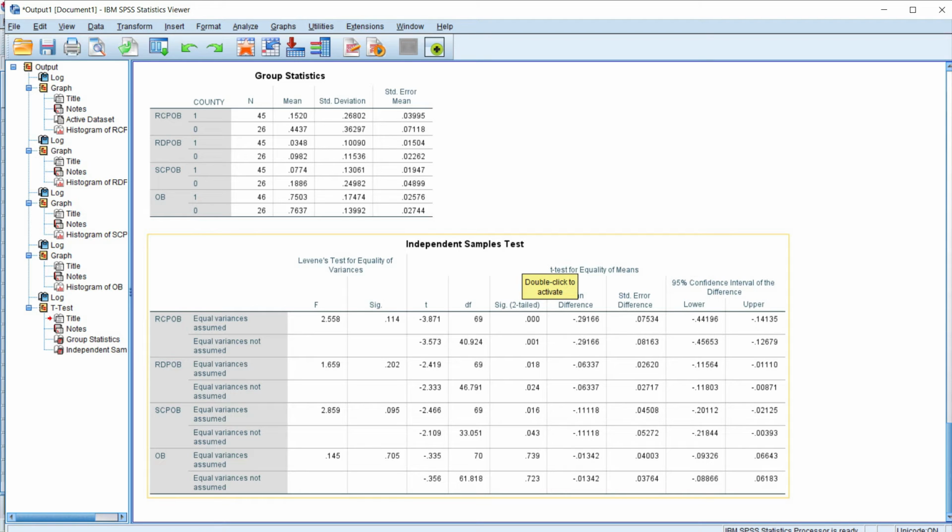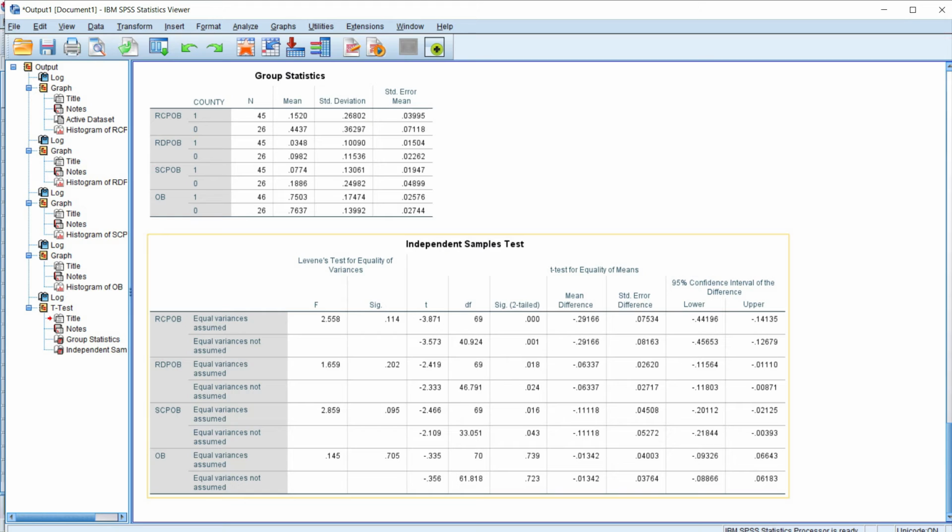Here's a test for equality of variances. This is not significant, so they're equal. We can do the first line. We have a really good t. I mean, we've got a good t anyhow, and we're statistically significant. So our p-value is 0.000 something.